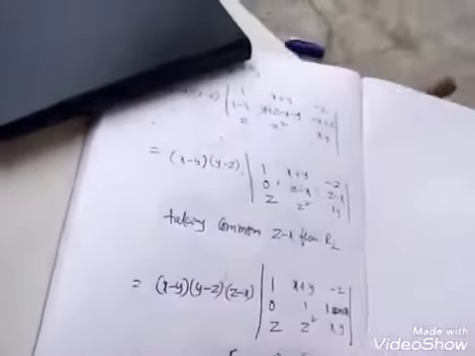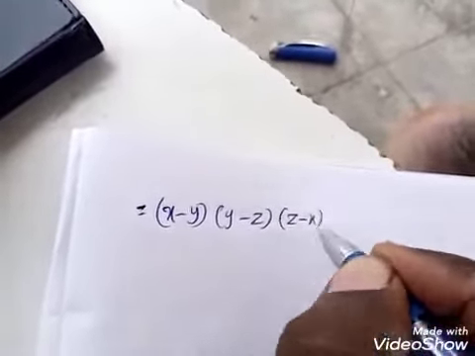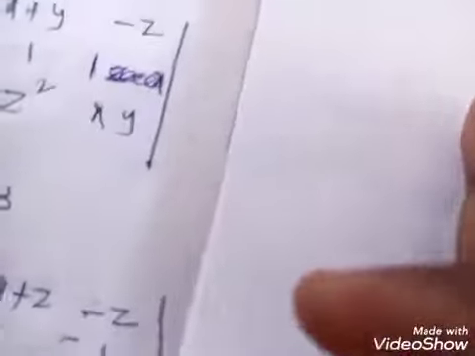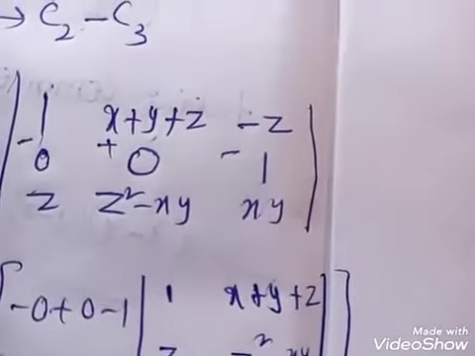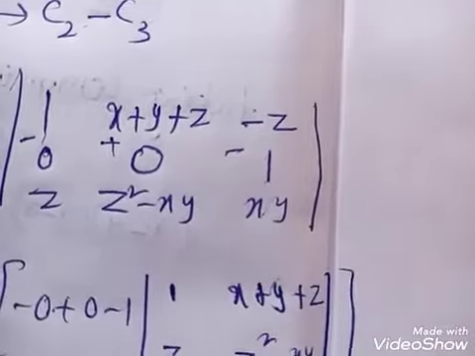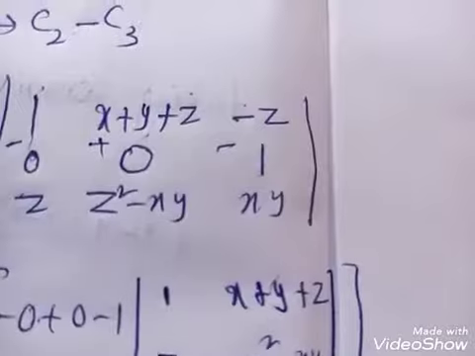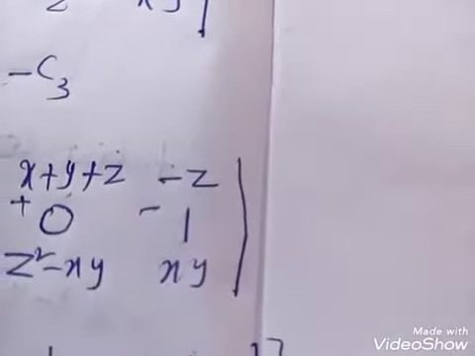If you expand that, you get x minus y, y minus z, z minus x into minus of z square minus xy minus z into x plus y plus z, that is zx minus yz minus z square.